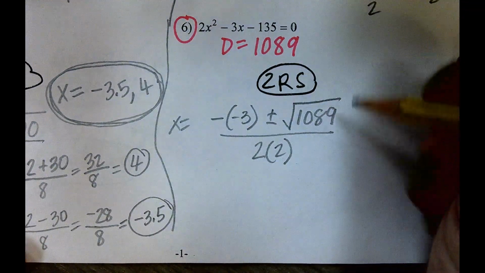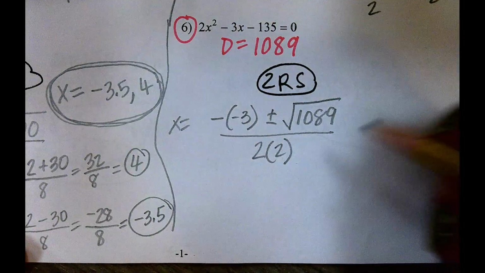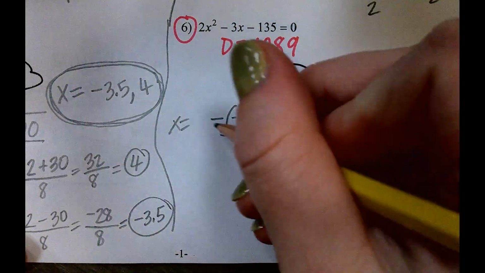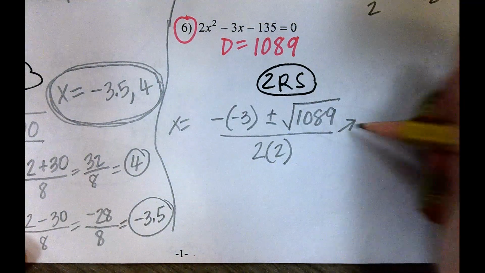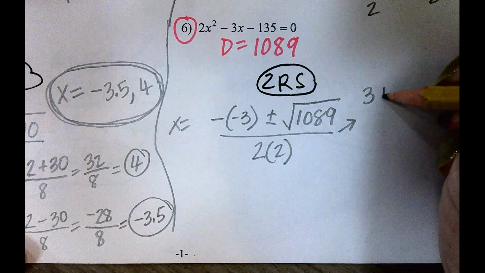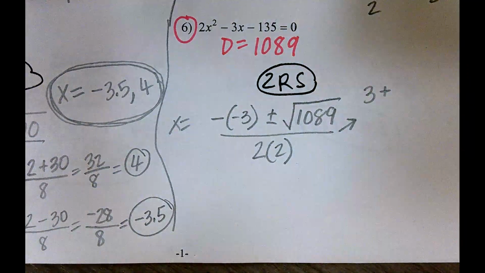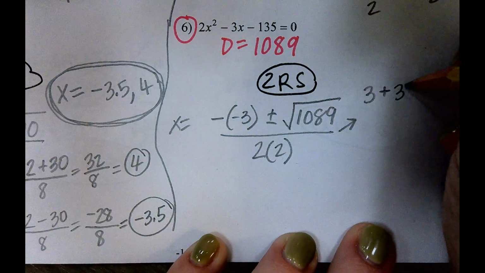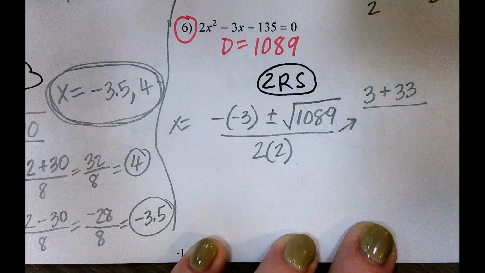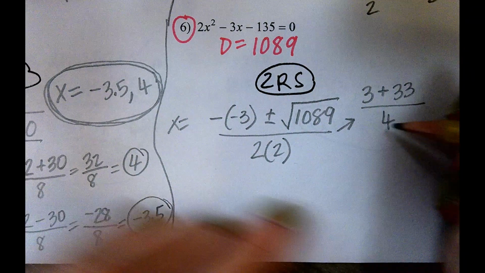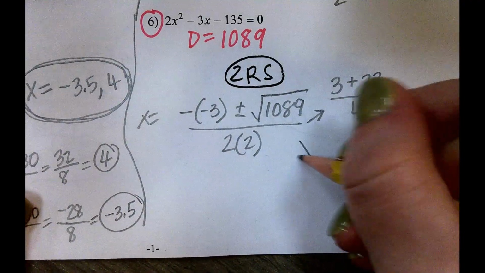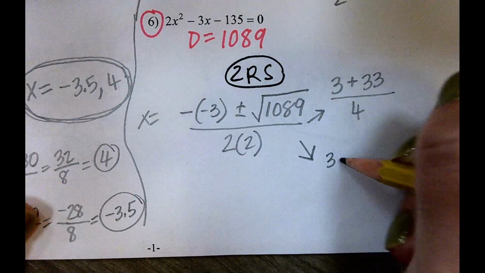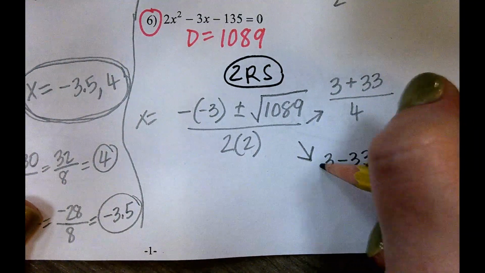I went to negative 3 times negative 1 is positive 3. So I wrote 3 plus 33 over 4. And for the negative side, I wrote 3 minus 33 over 4. Beautiful.